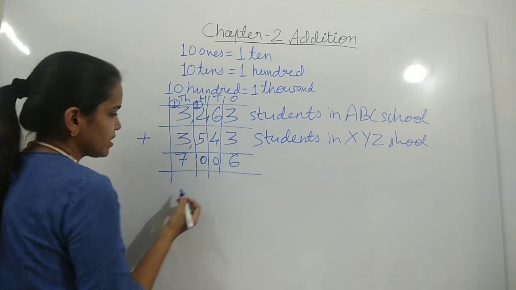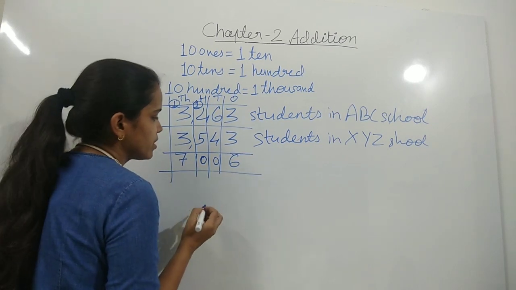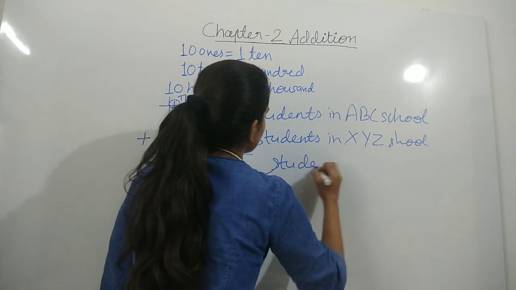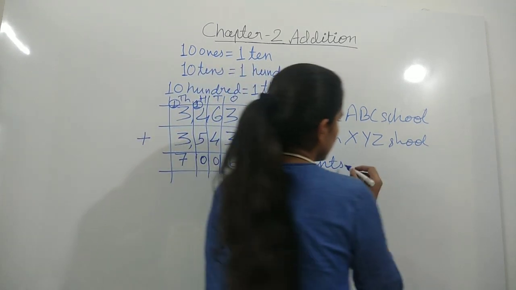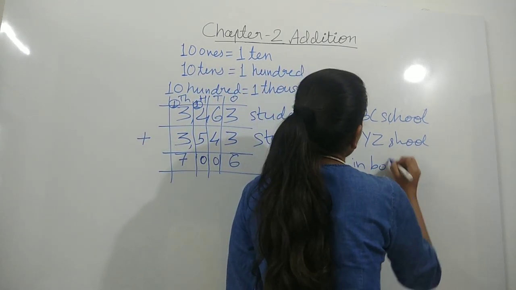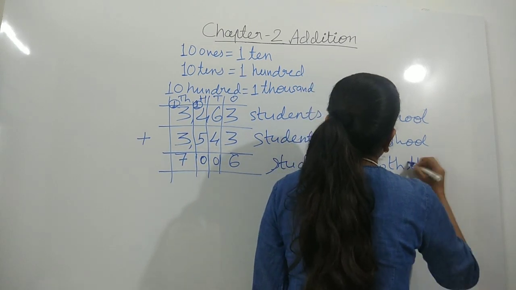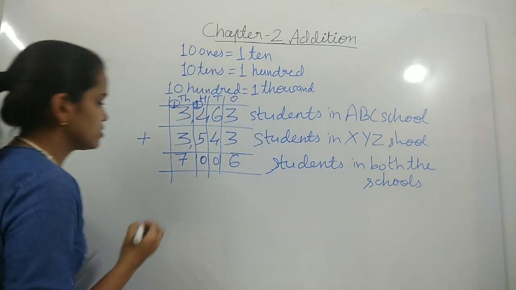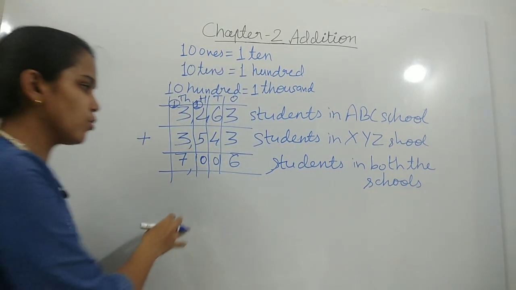Okay, so we are getting our answer as 7006. 7006 students were studying in both the schools.